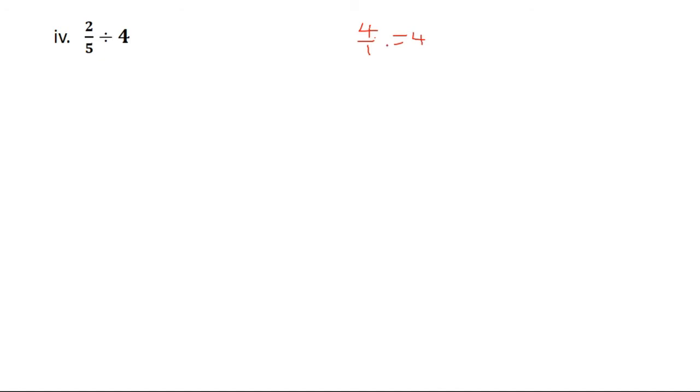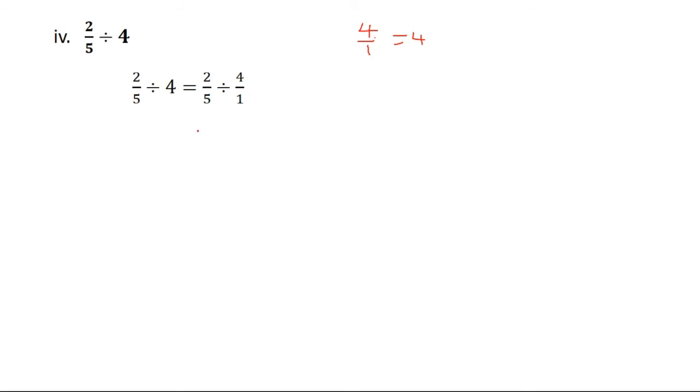So because you are working in fractions, we are going to change 4 to 4 over 1. So 2 over 5 divided by 4 is the same as 2 over 5 divided by 4 over 1, because 4 over 1 is 4. So you haven't changed anything.